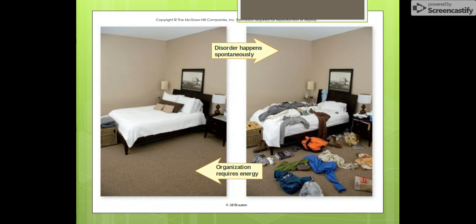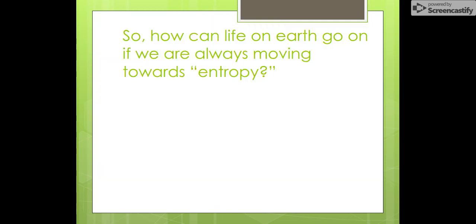And this is what we see in living things: energy has to be used in order to maintain living things, because they'll break down without it. So we ask ourselves, if everything is moving toward entropy, this state of disorder, how do things continue? How does life go on? It's the sun, right? We have that constant flow of energy coming to Earth from the sun.